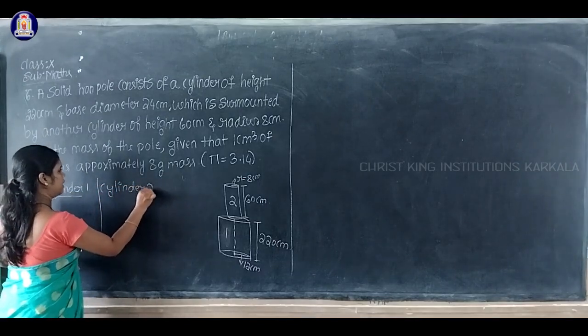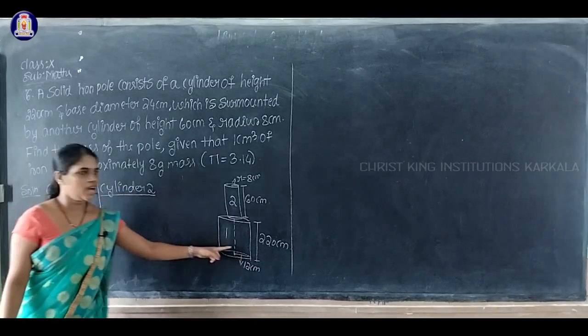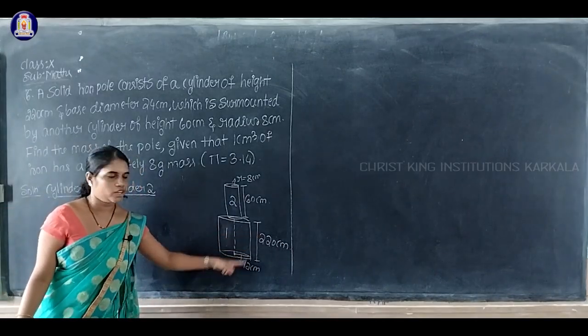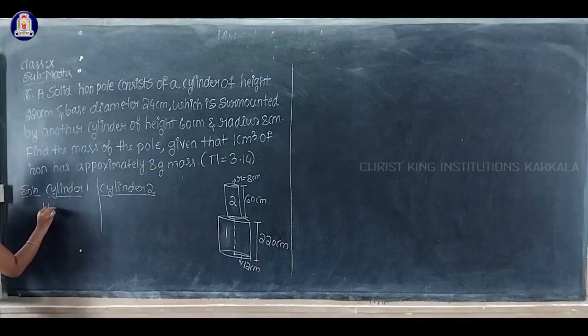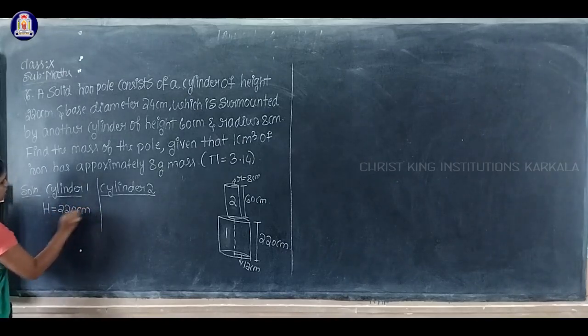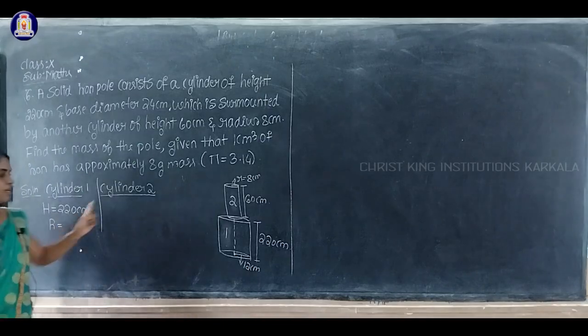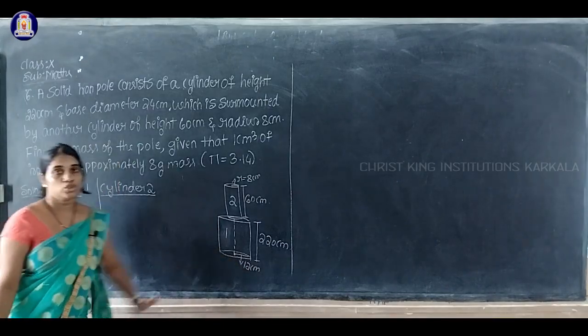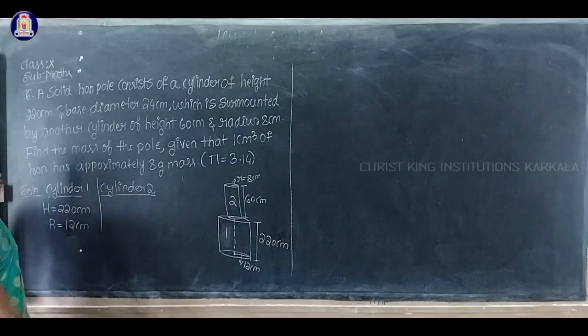For cylinder 1, height and radius are given. Height I'll consider as capital H, equal to 220 centimeter, and radius as capital R, equal to 12 centimeter.